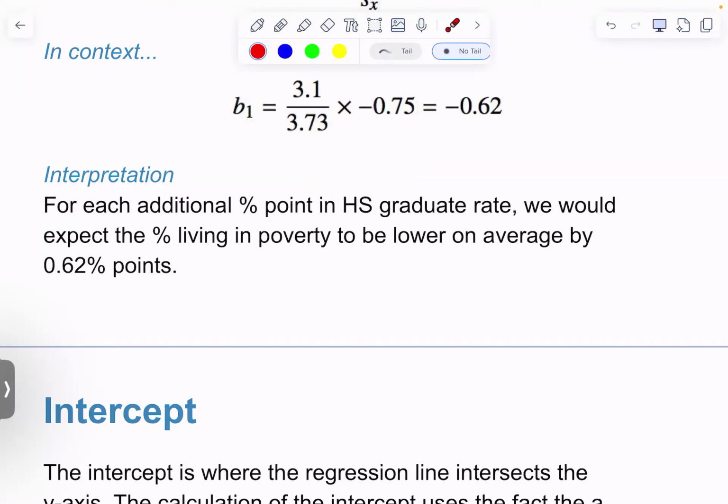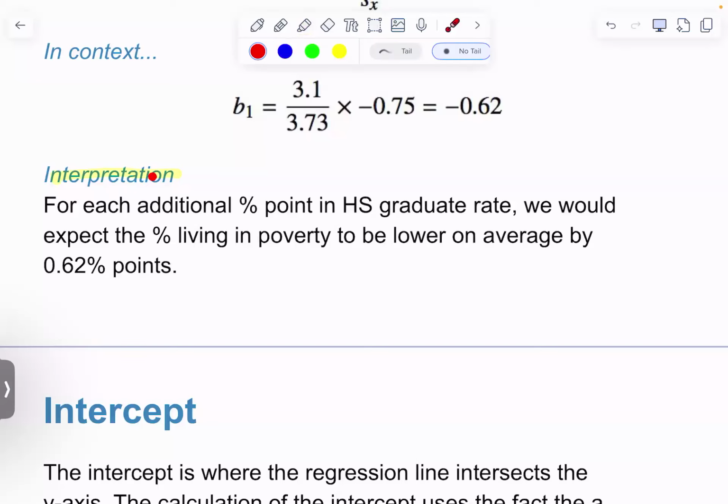I'll ask you, find the slope, interpret the slope, find the intercept, interpret the intercept, state the least squares regression line. We've done 3 of those 5 things, but we need to have a handle on the interpretation. And then I get you to use the line to predict a value. But the interpretation is really important.